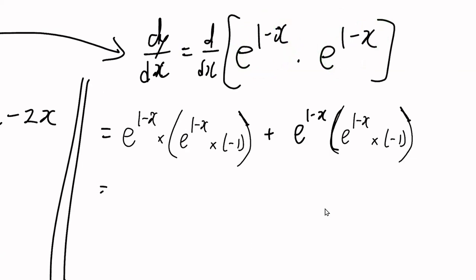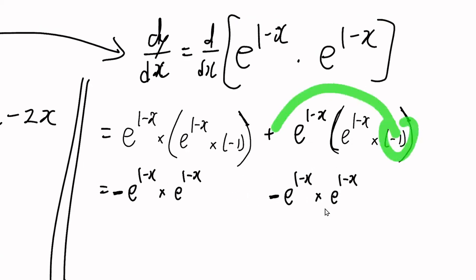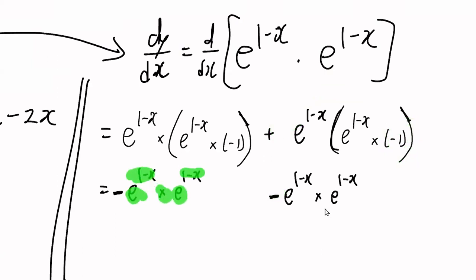Let's simplify it now. So e power 1 minus x times e power 1 minus x times a negative 1. I'm just going to put the minus in front. I don't need to put the 1 there, it's implied. Same thing for the other guy, minus, the negative 1 goes in front. So now you have e power something times e power something. Same base, different power, multiply, add the powers. So you're left with minus e to the power of 1 minus x plus 1 minus x.